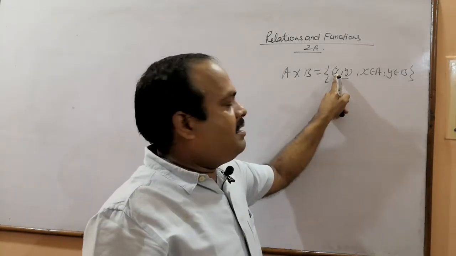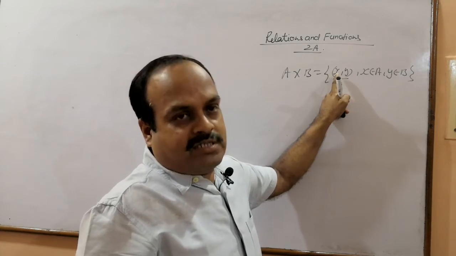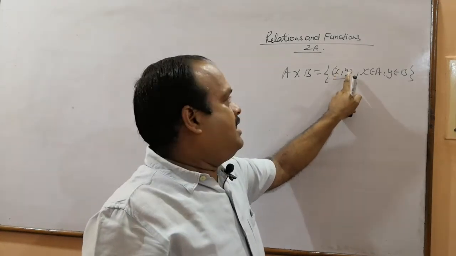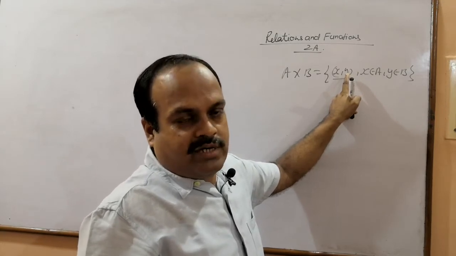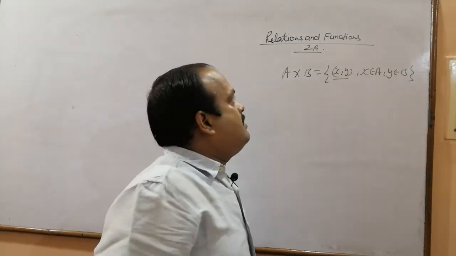The first number we write is called the first entry or first component, and this one is called the second entry or second component of the ordered pair.